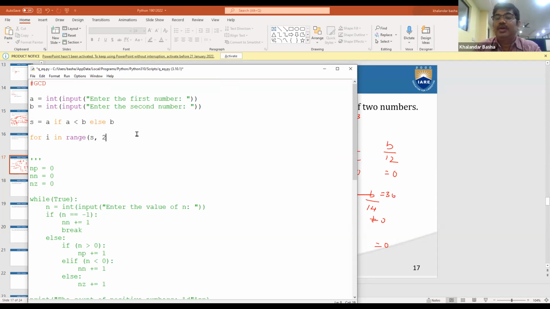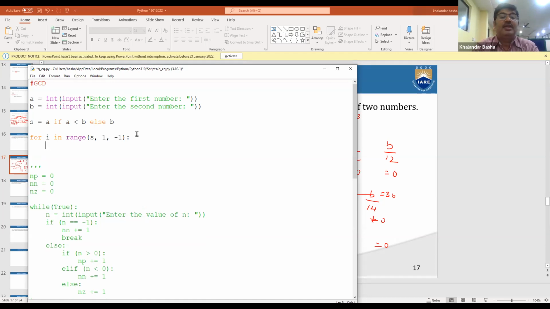Till 2. So I'll put S comma 1 minus 1. Whenever you take S comma 1 minus 1, assume S is 12, it is going to take from 12, 11, 10, 9, 8. One before 2, what is the value it is going to stop at? 2. So till this portion it is going to be executed.